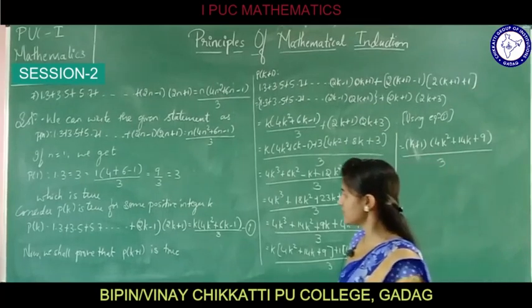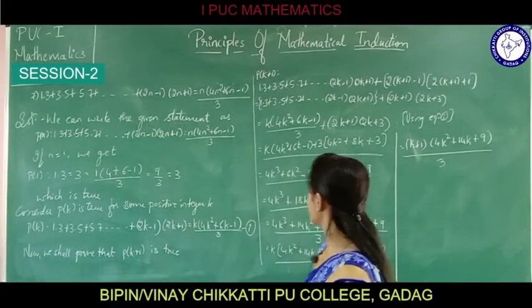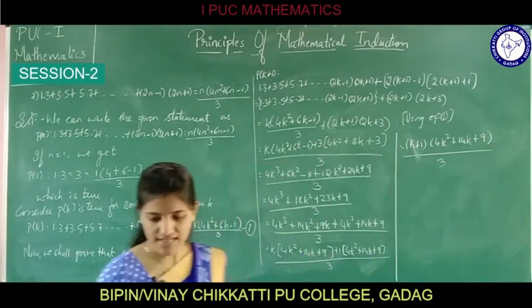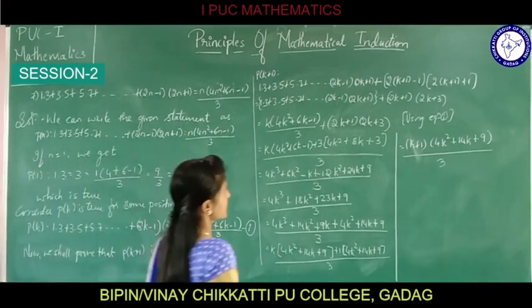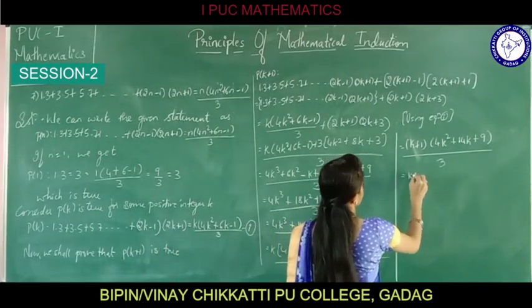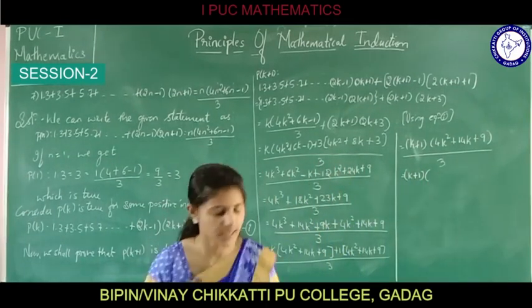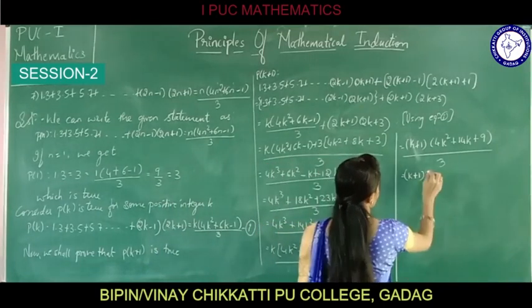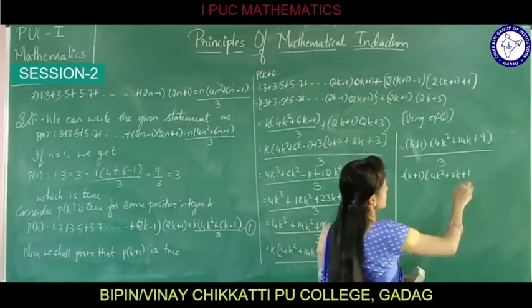What we had earlier, it was k into 4k square plus 14k plus 9. This we have written as, taking out k plus 1 common, 4k square plus 14k plus 9. This can be further written as k plus 1 into 4 times of c. This can be again written as k plus 1 into 4k square plus 8k plus 4.